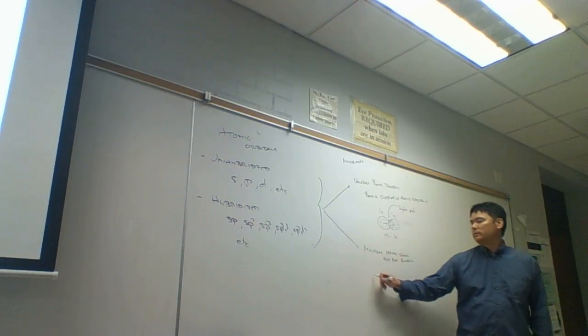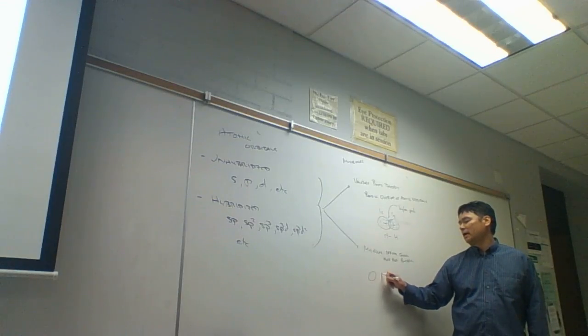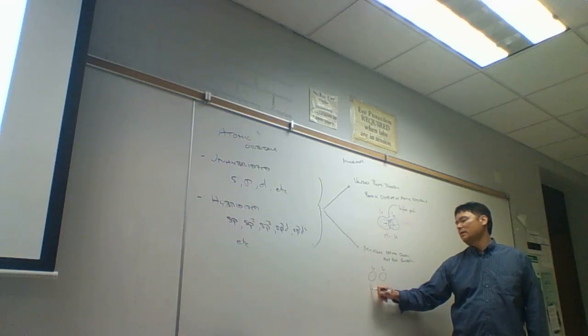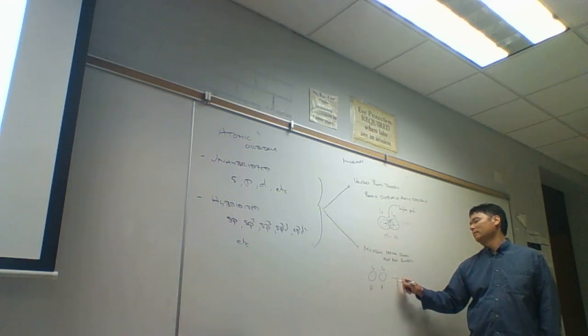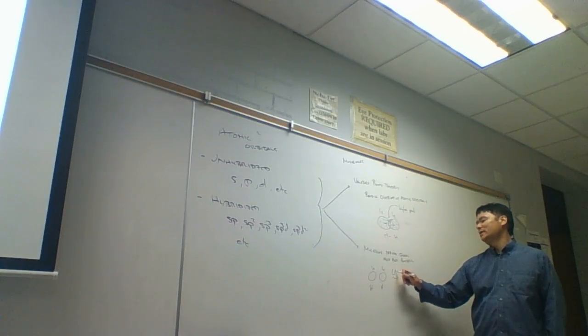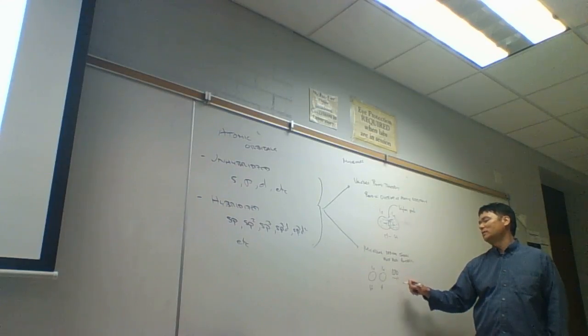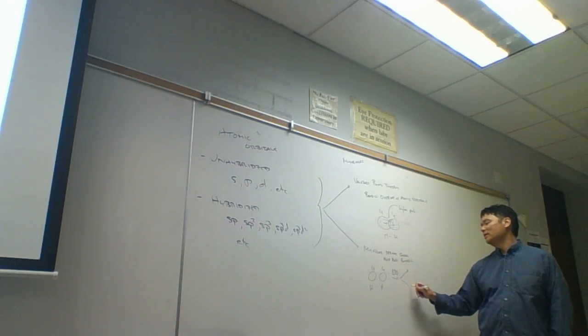What we do here is we take an s orbital and an s orbital, a 1s and a 1s, on a hydrogen atom and a hydrogen atom. And then we do something called an LCAO, linear combination of atomic orbitals, and we generate new orbitals.